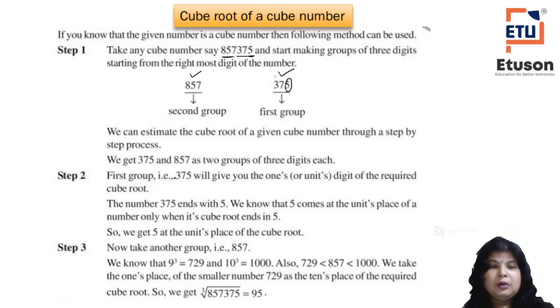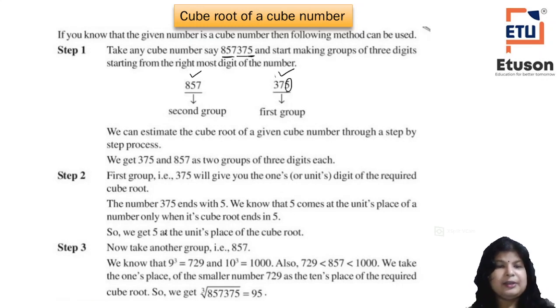We know that a cube ends in 5 only when the number itself ends in 5. So if the number 375 ends with 5, its cube root must end in 5.